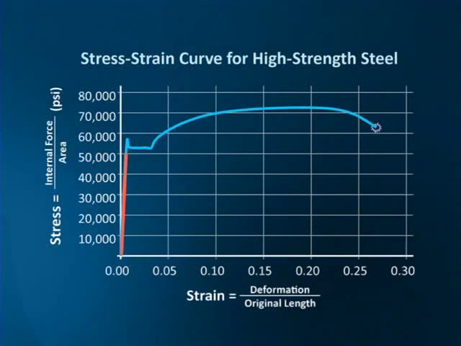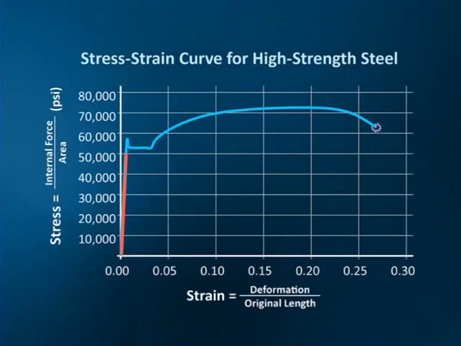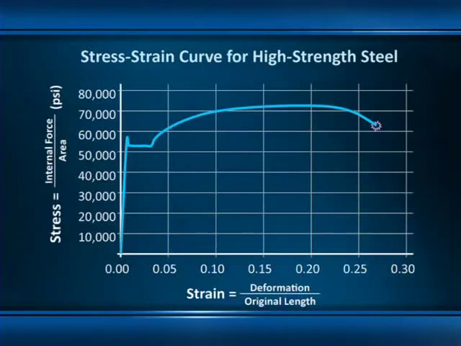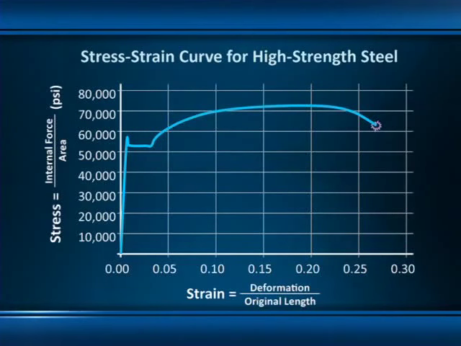Hey, and guess what? Just as Robert Hooke predicted, the relationship between stress and strain is almost perfectly linear, up to a stress of about 50,000 psi. This linear region of the stress-strain curve has a particularly important characteristic. If we load that specimen, say, up to 40,000 psi, so it's still within that linear range, and then we remove the load entirely, the specimen will then return all the way back to its original length with no permanent deformation at all.